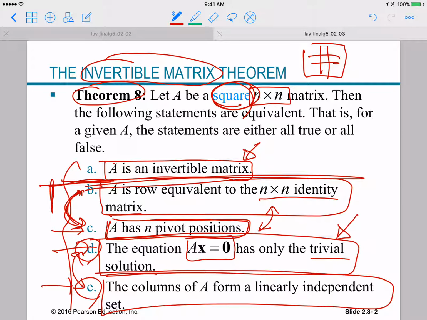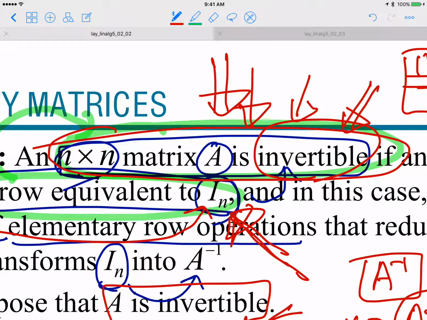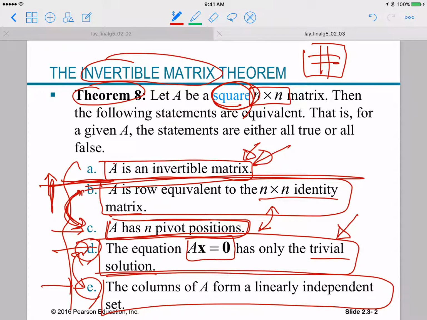Okay, then let's further go back to the upper part. So A is an invertible matrix, okay? And from the theorem that we just learned in the previous chapter, we discussed these two things, and they are the same thing, or logically or mathematically equivalent. So that is actually just the equivalence between A and B, right?